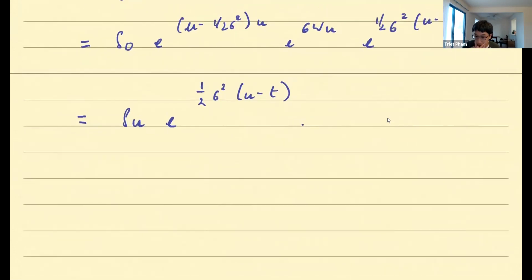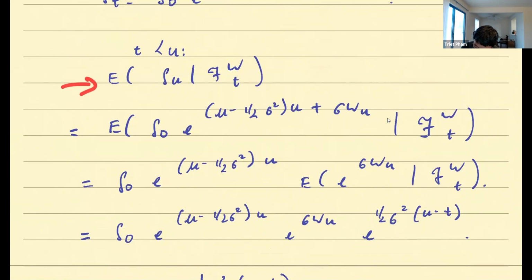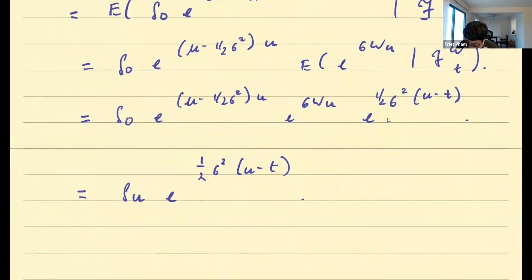So this is basically calculating the future stock price based on the current information. Now let's apply that to the risk neutral case.